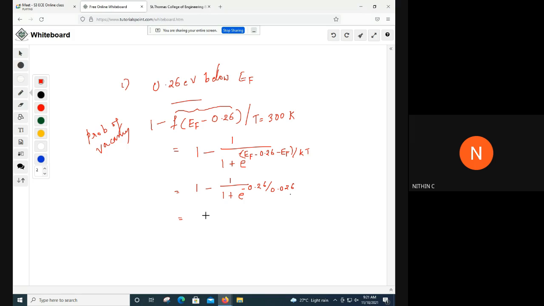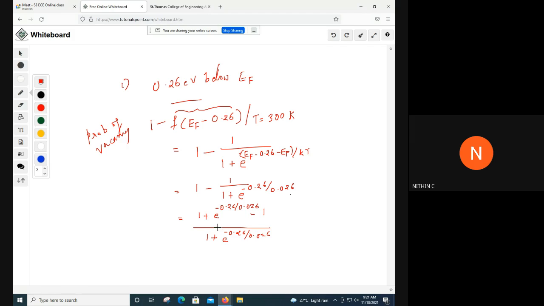So if you take LCM and write, then you will get 1 plus e raised to minus 0.26 by 0.026, minus 1, by 1 plus e raised to minus 0.26 by 0.026.